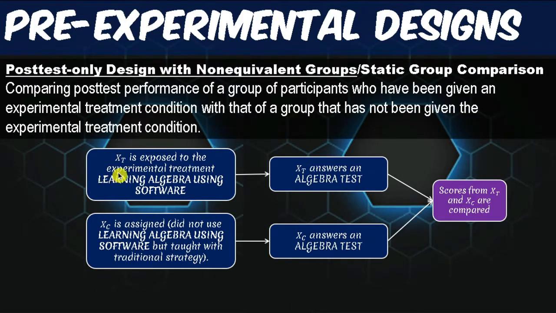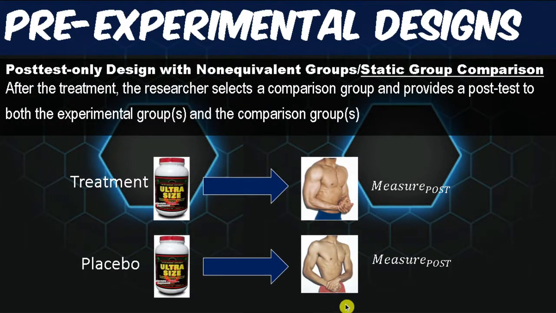One group of students, they're exposed to the treatment, to the intervention. Another is not exposed, and then both of them will answer a post-test. The scores will then be compared after. In this example, one group of people will be given the pill, another will be given a placebo, and then both of them will be measured.